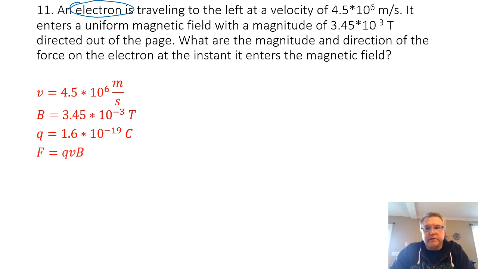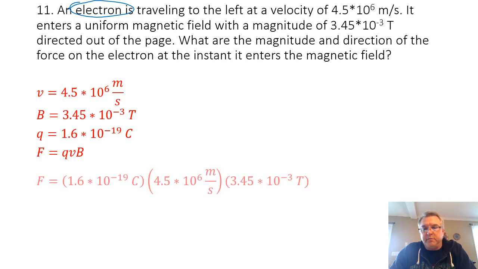And I'm being asked to find the force. So I know that the force is equal to the charge times the velocity times the magnetic field, F equals QVB. It's already solved for force, so I don't need to do any rearranging of this formula.